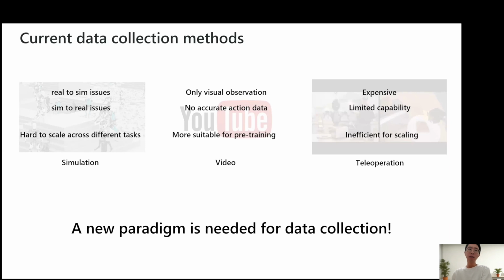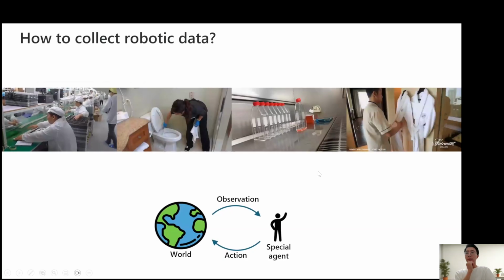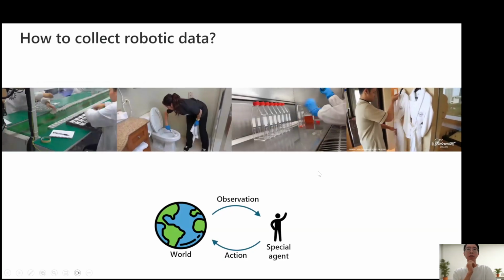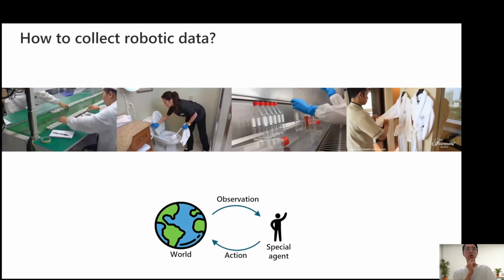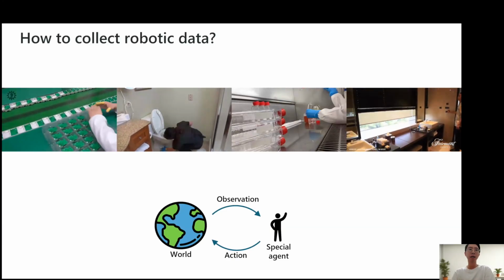And I feel like we really need a new paradigm here. Then I started thinking about how we can really break the wall of data nowadays. When I look at myself, I realize one thing: we humans are actually doing manipulation every day.